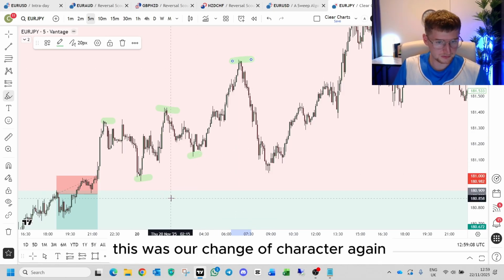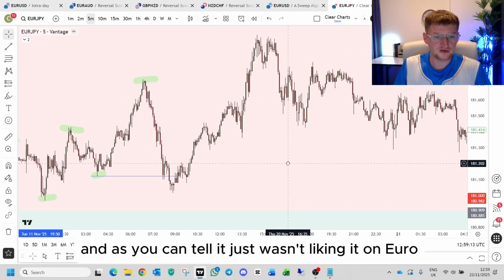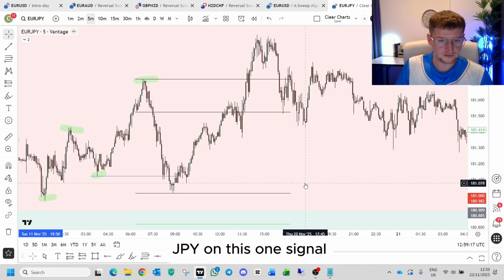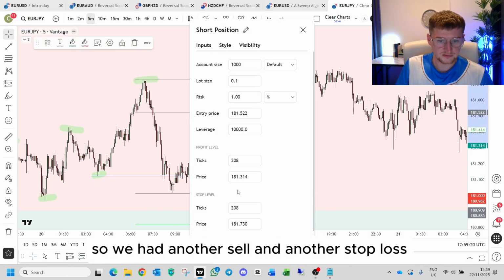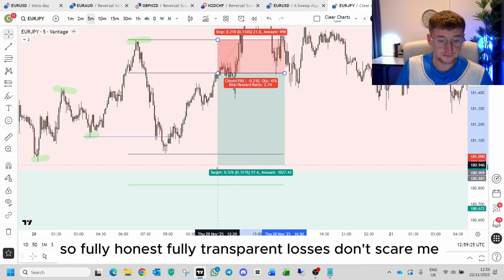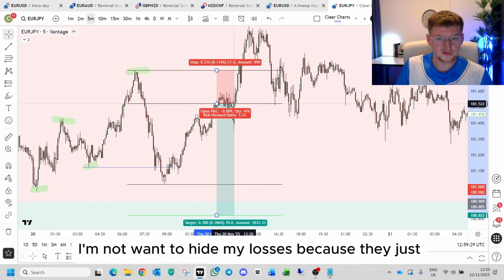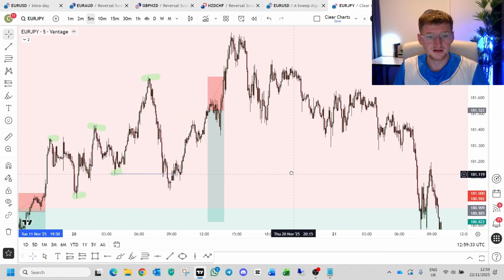This was our change of character again. And as you can tell, it just wasn't liking it on Euro JPY on this one signal. So we had another sell and another stop loss, just like this, okay? So fully honest, fully transparent, losses don't scare me. I do not want to hide my losses because the wins cancel them out, basically.